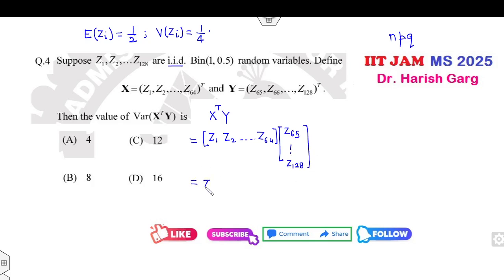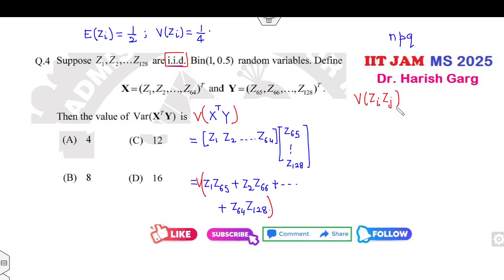So that means if you multiply them, it's Z1 Z65, Z2 Z66 and up to Z64 Z128. Now all are IID. So your target is to find the variance of this. So very simple. I can find the variance of Zi Zj because all are IIDs. Fine.